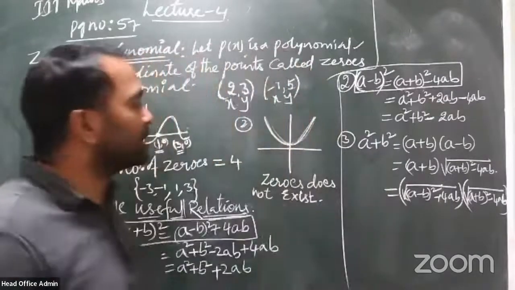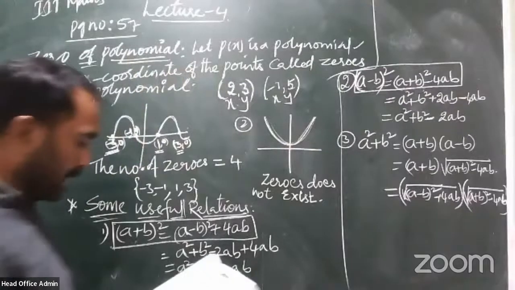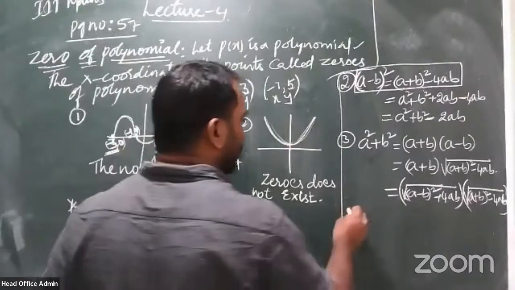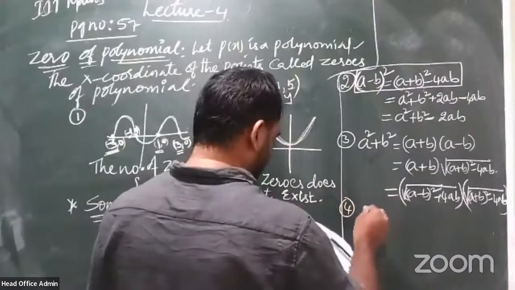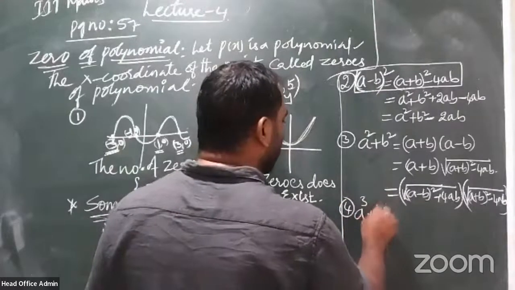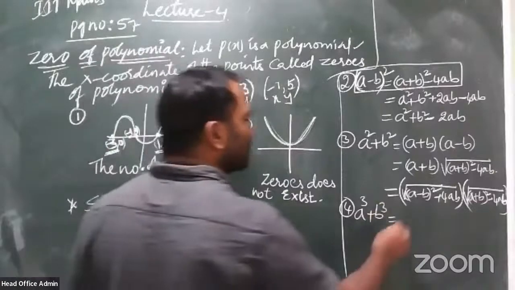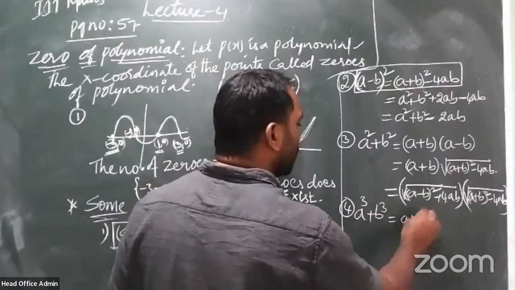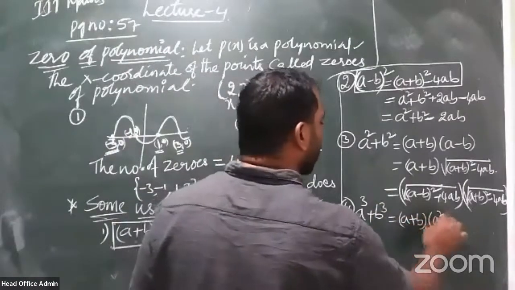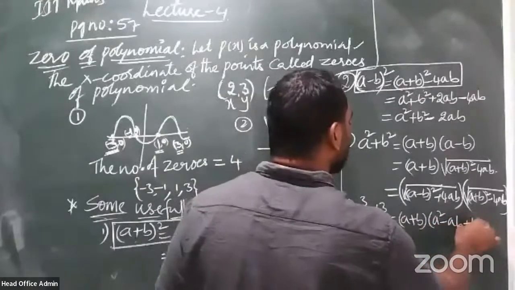Understand? So next, what is another formula? Fourth one, a cube plus b cube. What actually is the a cube plus b cube formula? A cube plus b cube means (a plus b) into (a square minus ab plus b square) is the formula.